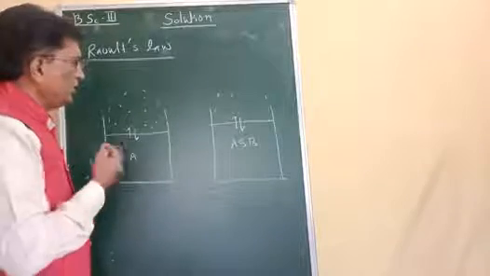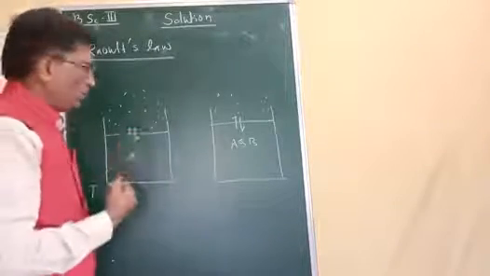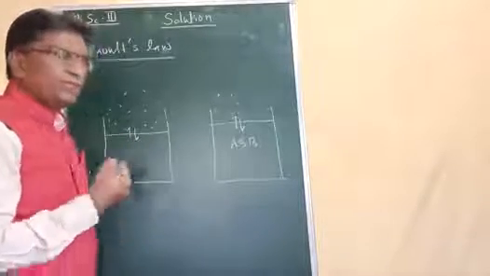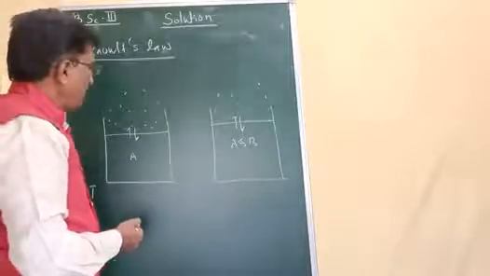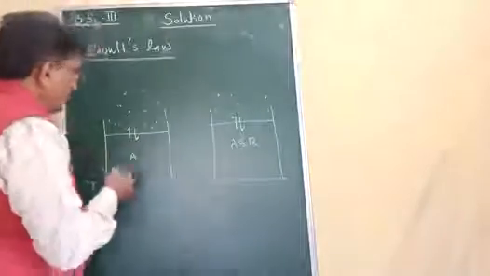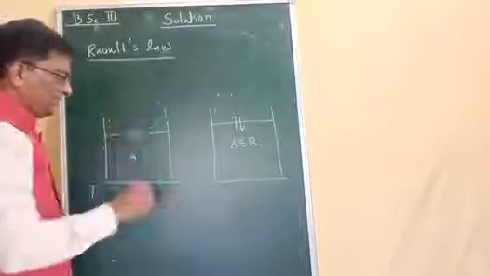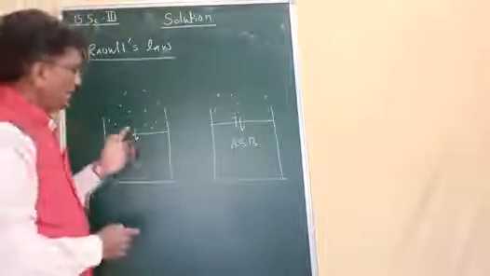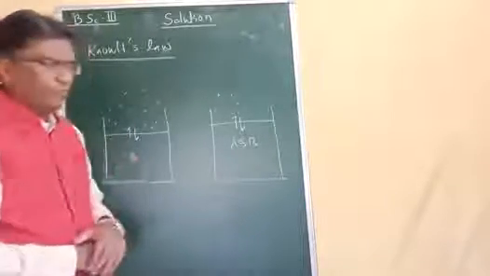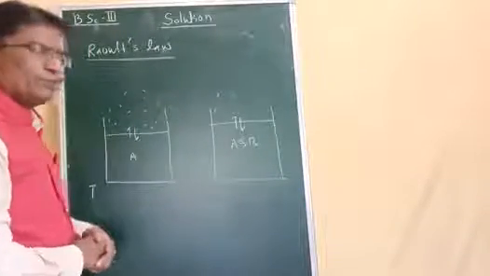Therefore initially the rate of the reverse process is slow and afterwards it accelerates, and after some time the two rates become identical, and here we say the vapor remains in equilibrium with the liquid.